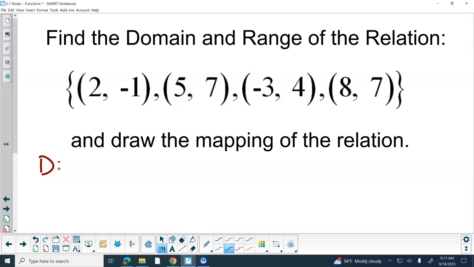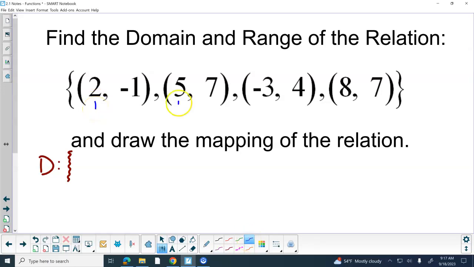Okay. Then we've got to do our set notation. So that's our braces. For me, that's a squiggle. Okay. And then we're looking at domain. Is that X values or is that Y values? X values for domain.